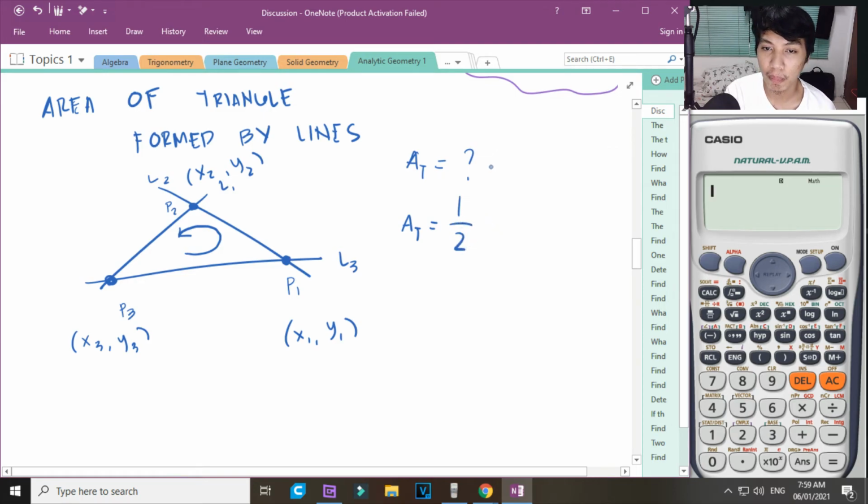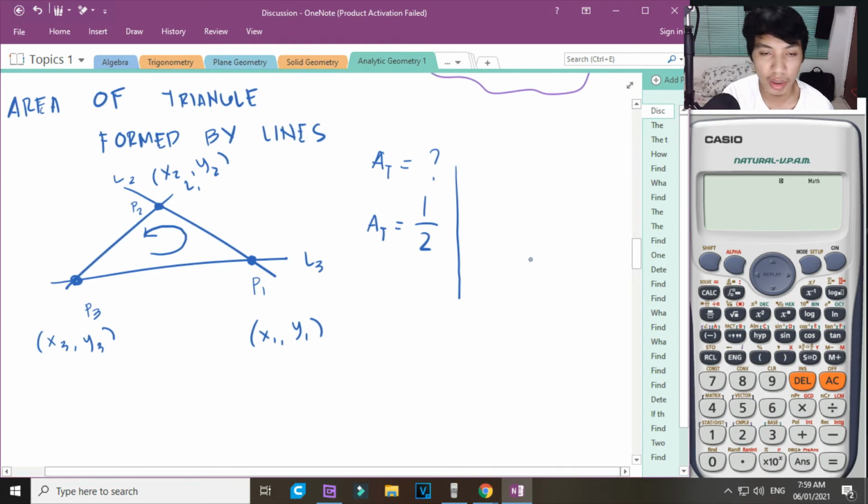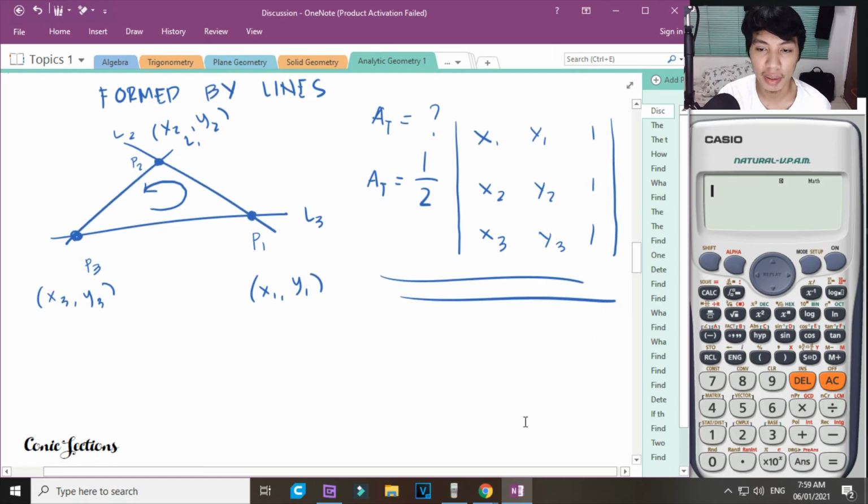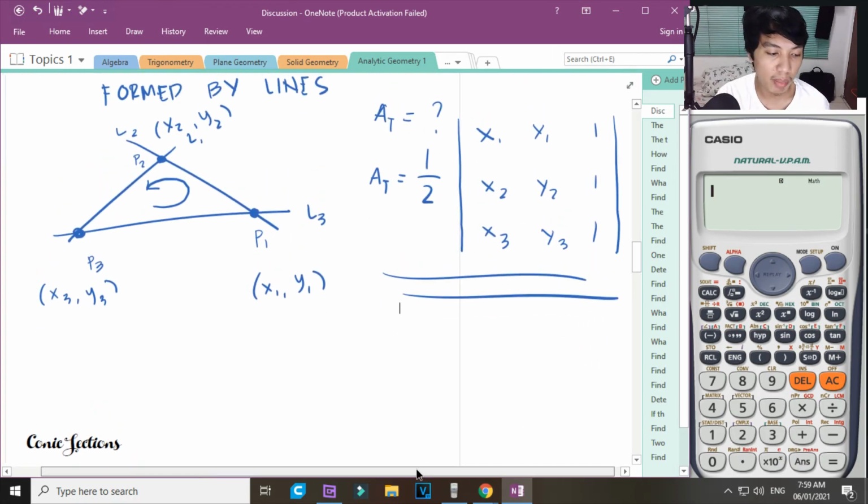So, 1/2 nung determinant, okay? 1/2 of the determinant nito, matrix na to. Lagay mo si x sub 1, x sub 2, x sub 3. Okay? And then si y sub 1, y sub 2, and then y sub 3. Sir, paano hindi sa dulo? Di lagyan mo ng 1. Okay. You will now know the area of the triangle. Gamit yung determinant.